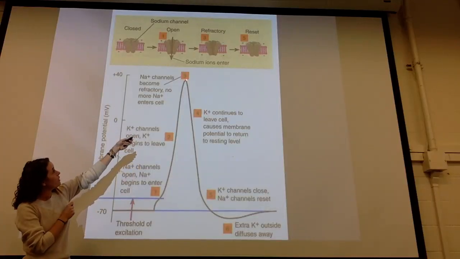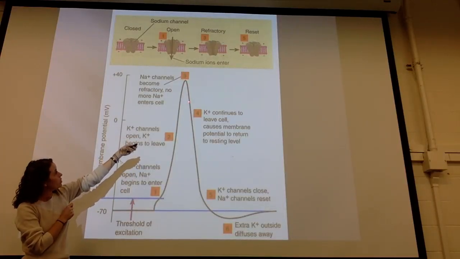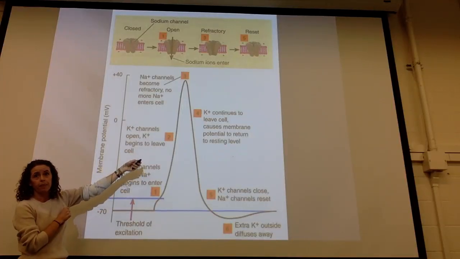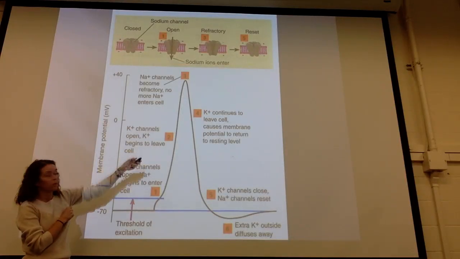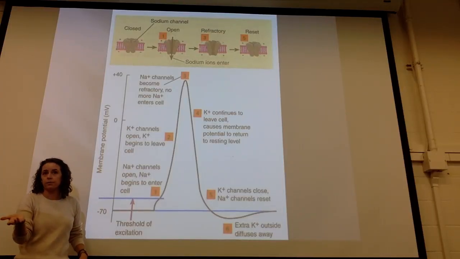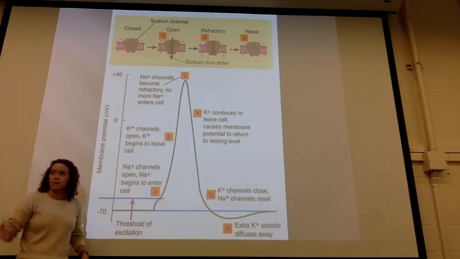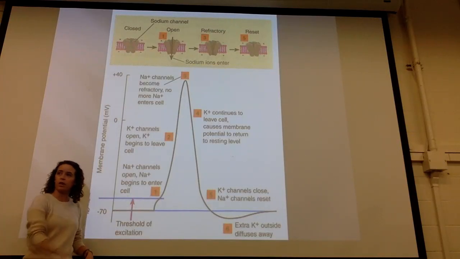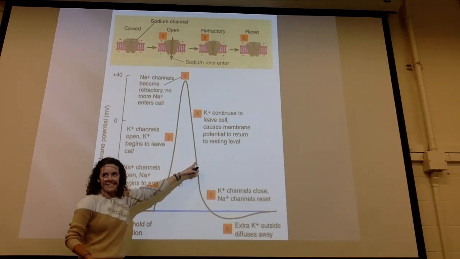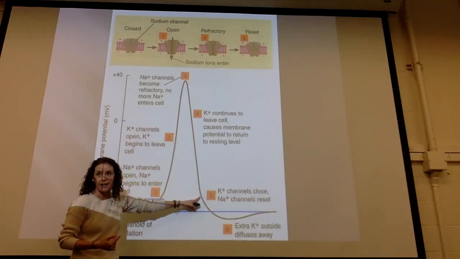Then, after that depolarization, the sodium channels close. We don't have sodium coming in anymore, but the potassium channels remain open. So we have potassium leaving, which also has a positive charge. Because potassium has a positive charge and it's leaving, we are losing positivity, so we're becoming more negative.